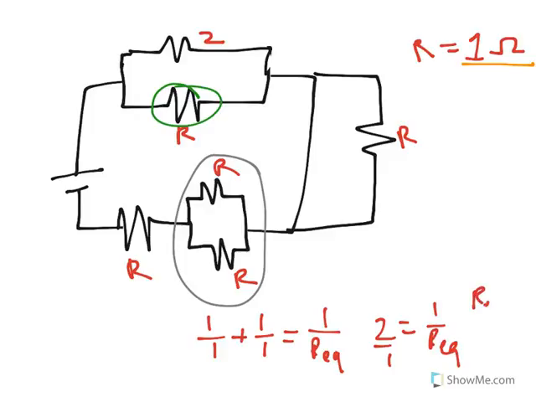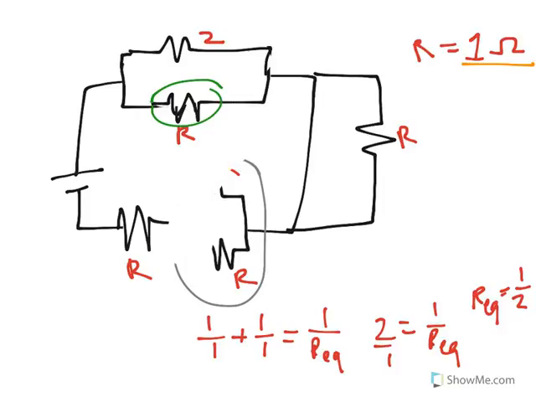And R equivalent is 1 over 2. So I'm going to replace this bottom loop with a single resistor of resistance 1/2.